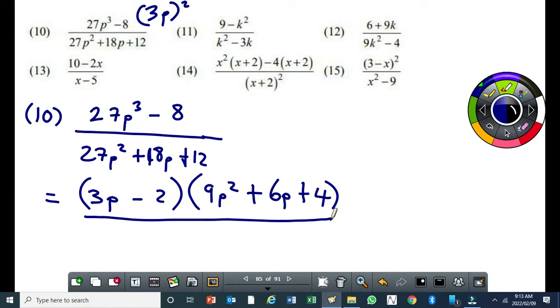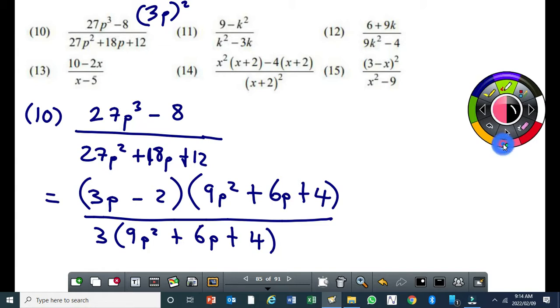Right, so here, the denominator has got a common factor, which is a 3. So I'll take out the 3, then you get 9p squared plus 6p plus 4. Okay? Now, you can start smiling. The moment you get this 9p squared, you should click in your mind that maybe I might get the trinomial which is similar to the one in the numerator. Right?